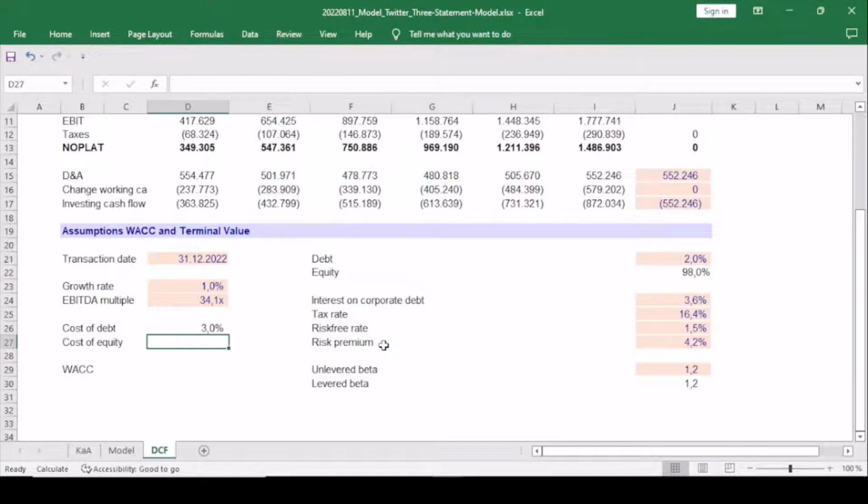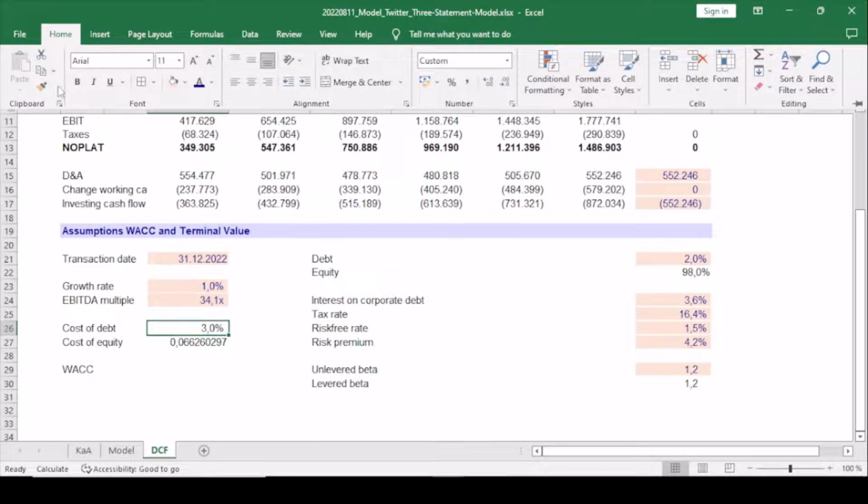Next, we calculate cost of equity using the CAPM formula by multiplying the risk premium and the levered beta to arrive at the cost of equity.